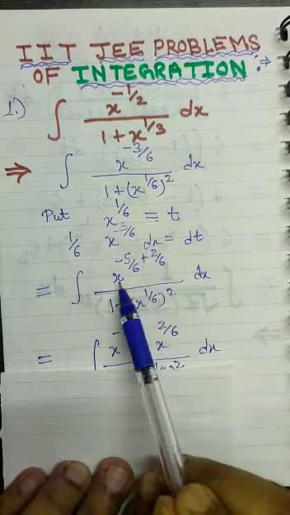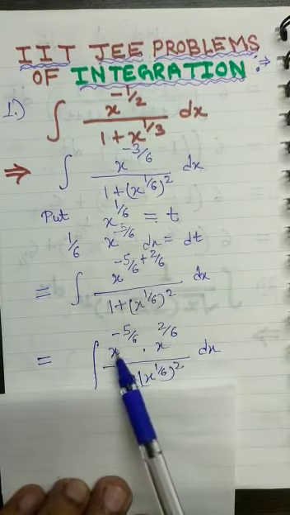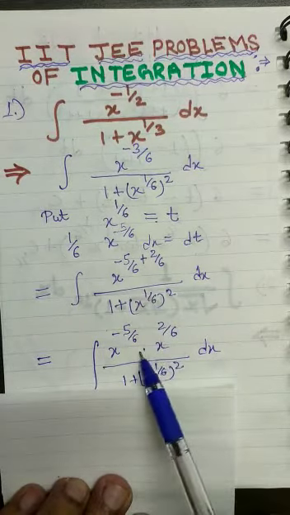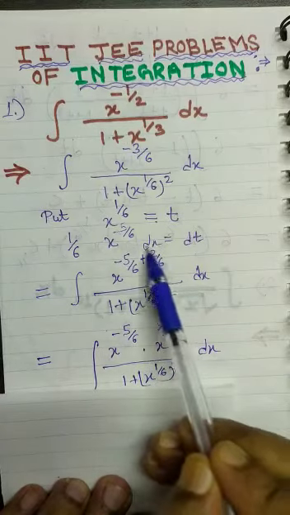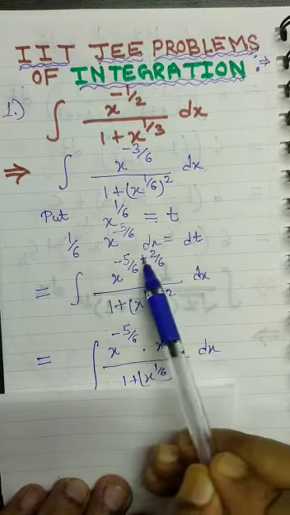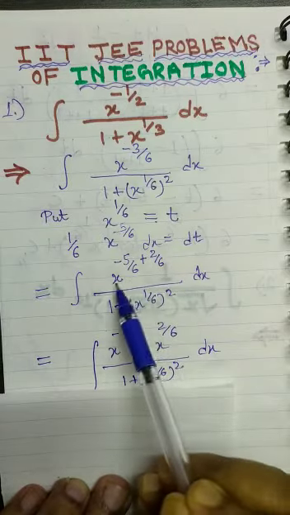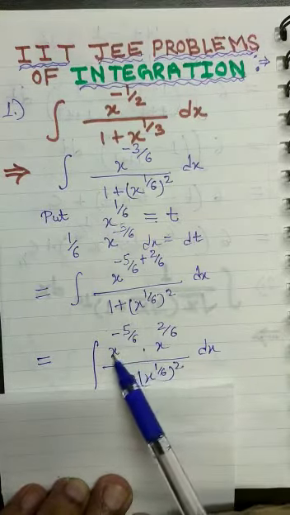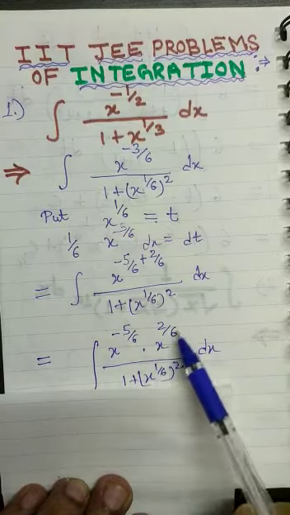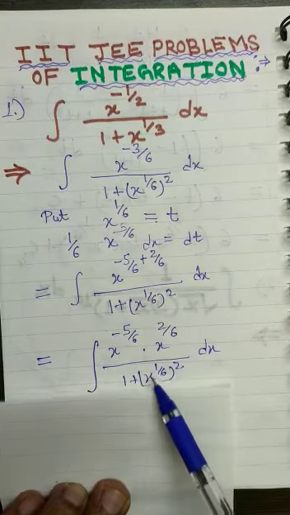We have already here x to the power minus 5 by 6, into x to the power 2 by 6, because we know if exponents are added or subtracted, we can split it. So that's why I split it in two parts, x to the power minus 5 by 6 into x to the power 2 by 6, divided by the same denominator.